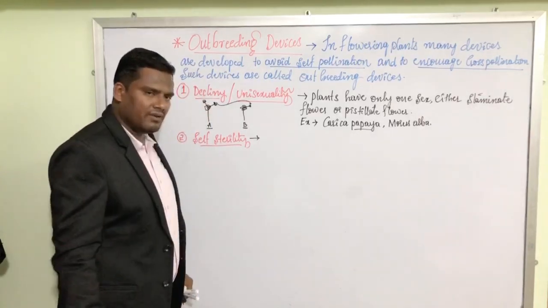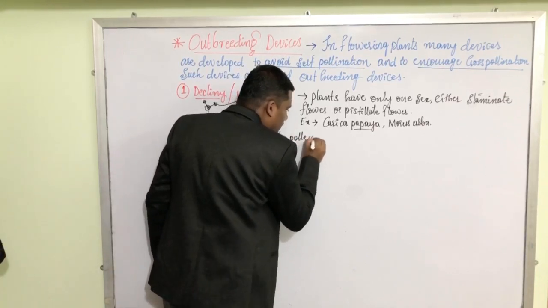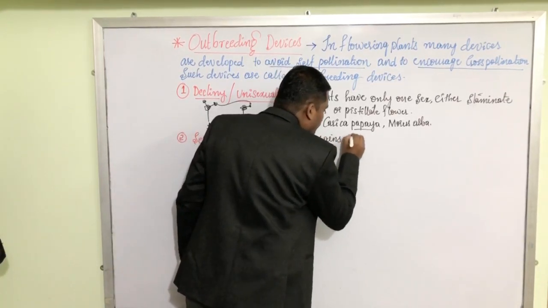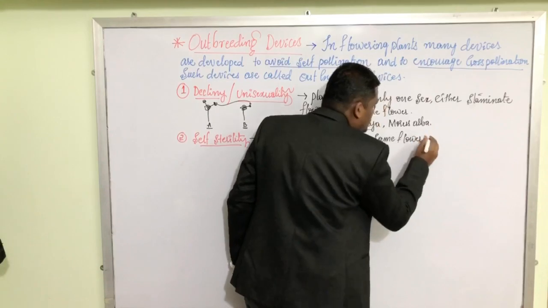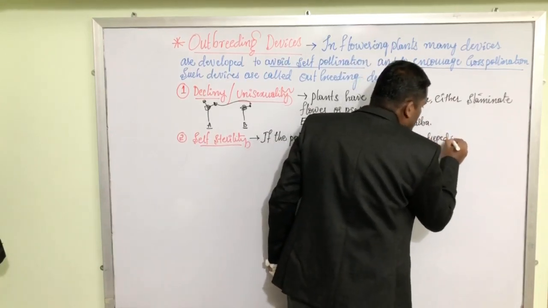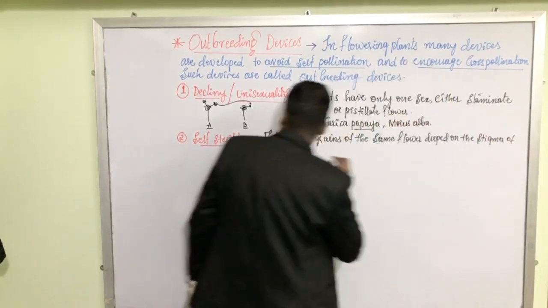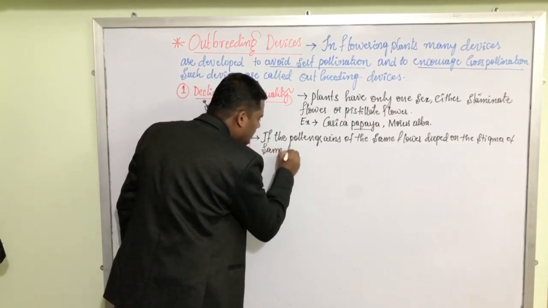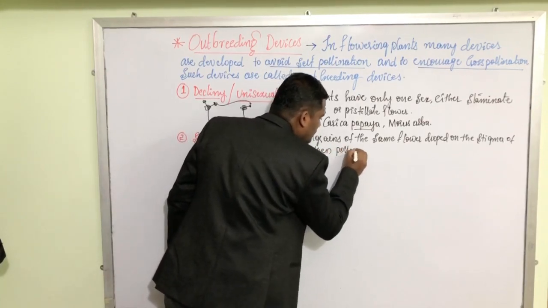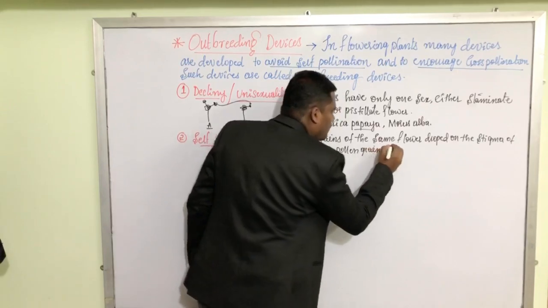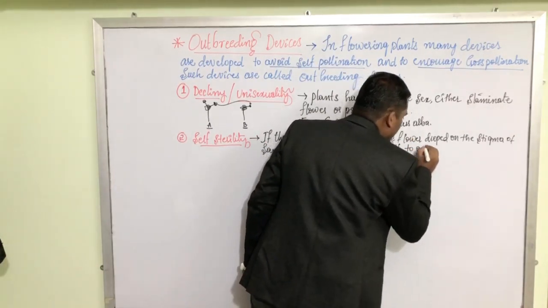Self-sterility scientifically can be defined as: if the pollen grains of the same flower are dropped on the stigma of the same flower, then the pollen grains fail to germinate.